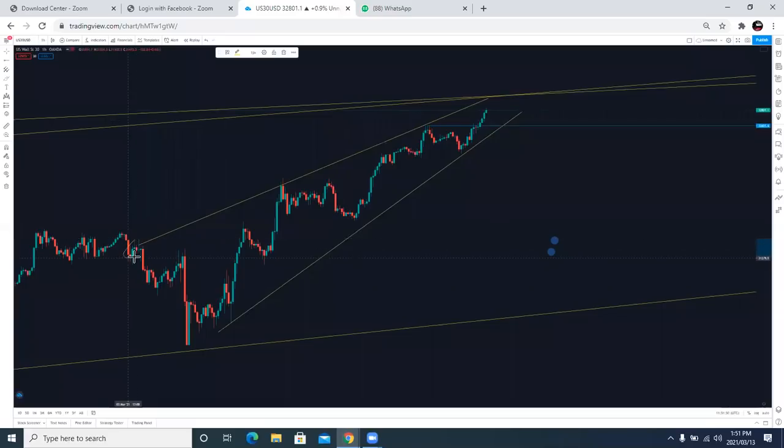I have my first touch, I have my second touch, and on the third touch I'm going to take my entry. It makes more sense, right? That's why I'm taking my entry on the third.